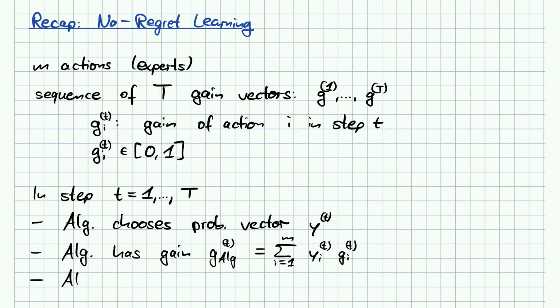And then the algorithm gets to know all of g^t. And then the algorithm again chooses a new probability vector y^(t+1), gets the respective gain, and then it gets to know the vector g^(t+1).